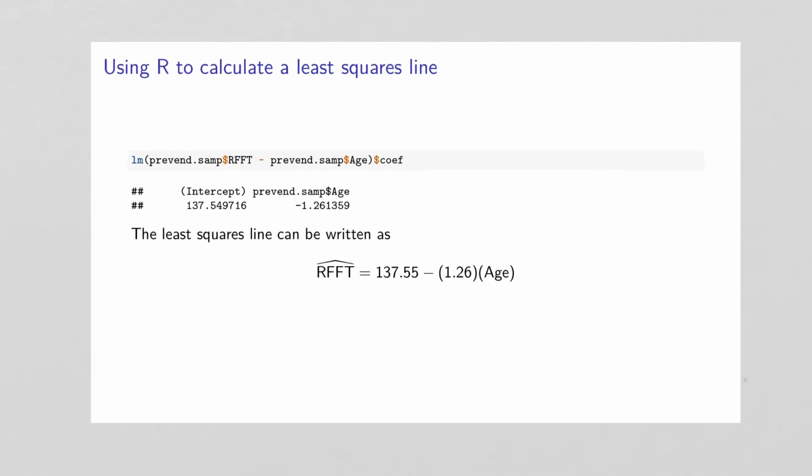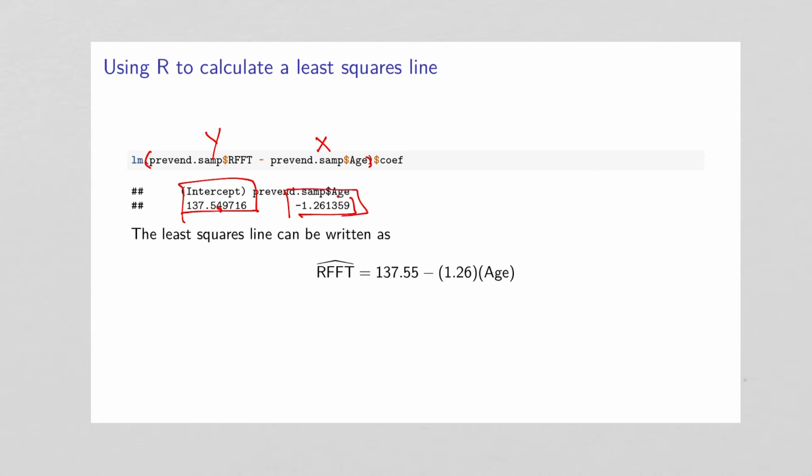So R can do this for you very simply. lm, and then the samples that you want to regress, right? It gives you the intercept when x is equal to 0, when age is equal to 0. So this is your x. This is your y. When this is 0, then the intercept will be 137.